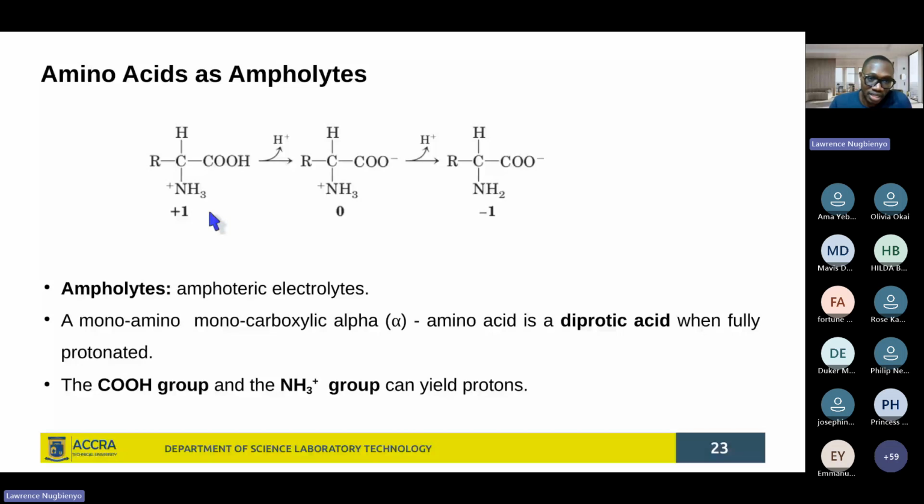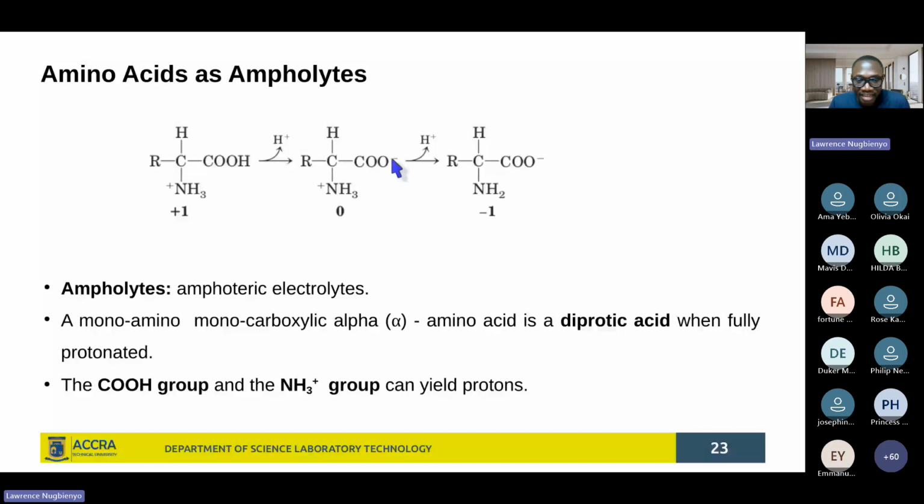Now, that fully protonated amino acid, we say it is diprotic. It is diprotic, meaning that it can give out 2 hydrogen ions. So here it is. First, you see that the fully protonated amino acid gives out a hydrogen ion, and that hydrogen ion is being given out from the carboxylic acid group, and so that group becomes COO minus because it gives out a hydrogen ion there.